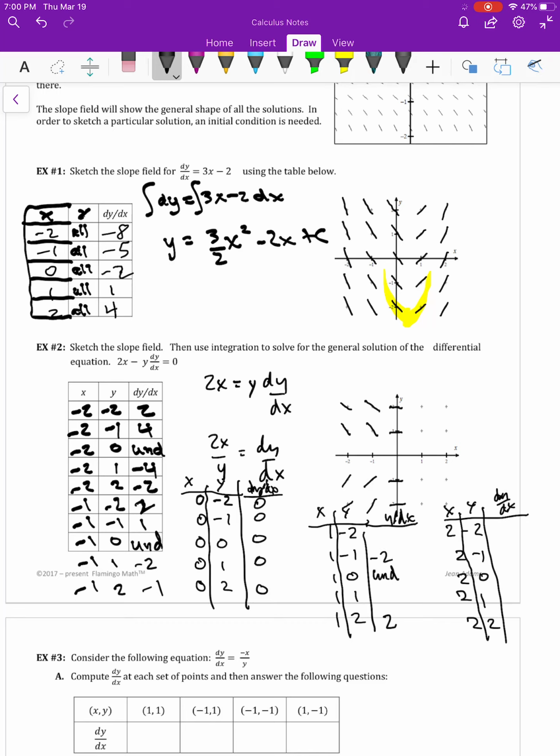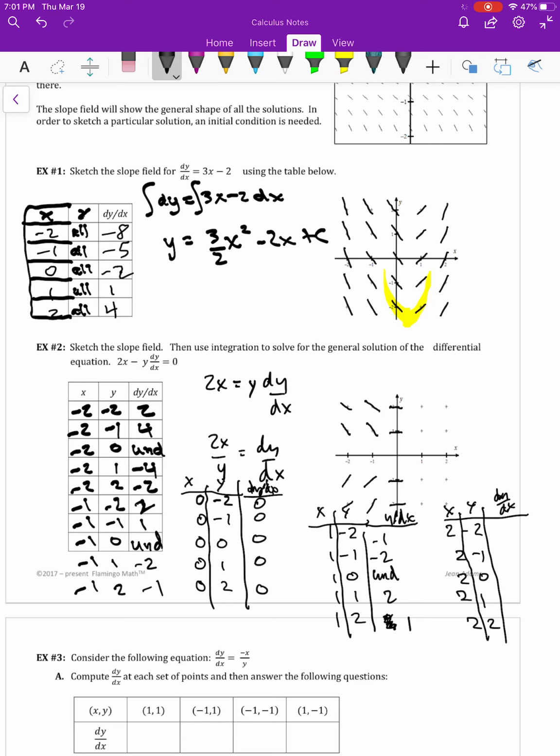1, -1 is -2. Oops, 1, 2 was 1. 1, 1 was 2. And 1, -2 is -1.